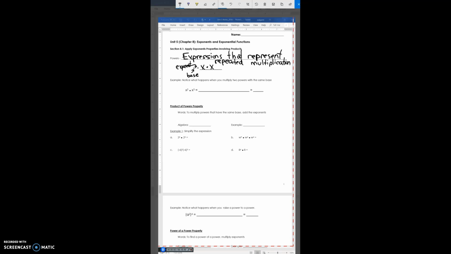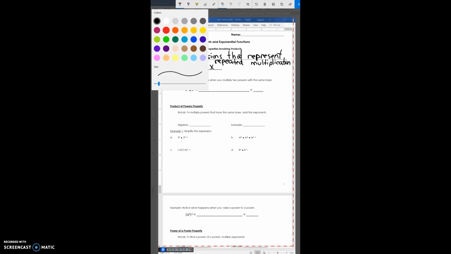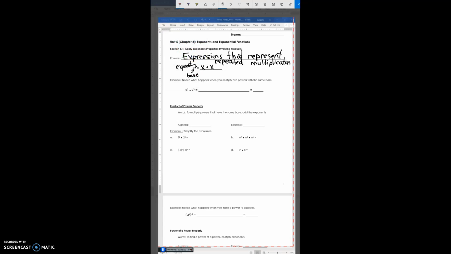Now, what we're going to start to look at today is what happens when I multiply and divide and do different things with these exponents. I'm going to color code this a little bit. First, what happens when I multiply two exponents, or two powers, with the same base? That part's important. Well, x squared is like x times x.